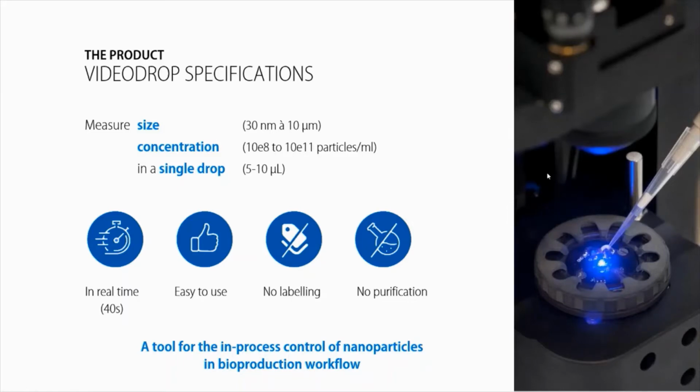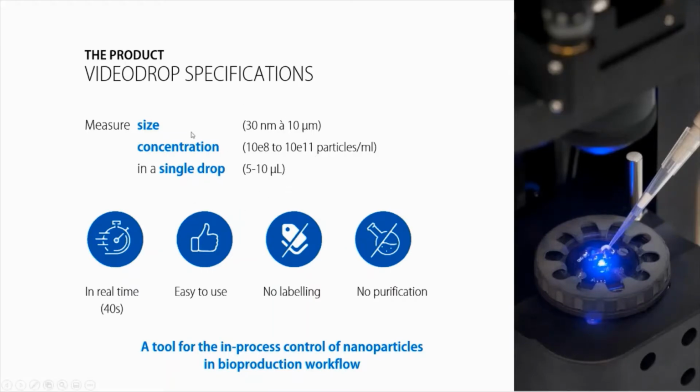So after watching the demo, let me give you some more details regarding the technology. Scientists need to measure nanometric objects. We can count objects such as viruses because we measure size from 30 nanometers to 10 microns. We do it in a concentration range from 10 to the power 8 to 10 to the power 11 particles per milliliter. Scientific work on expensive samples.